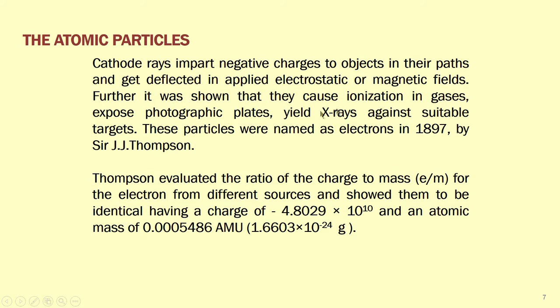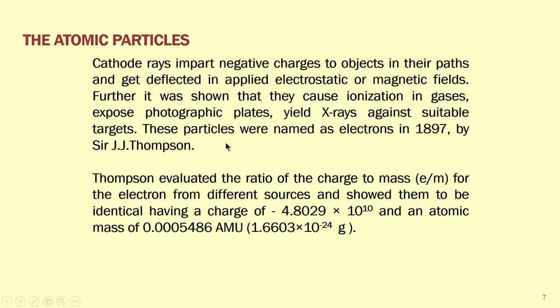The cathode rays also yield X-rays against a suitable target. You take cathode rays and pass them onto a metal piece; they hit it and bounce off, and the bounced-off rays are not the same as what you started with.